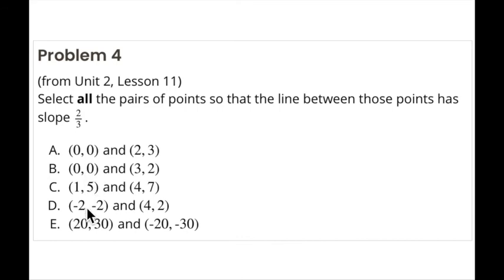But in E, 20, 30 is way up here. They listed that one first, and -20, -30 would be way down here. So they listed that one second. So you're going to see that I switched them when I calculate this. It doesn't make any difference. It's still the same vertical distance, still the same horizontal distance. Just makes doing the calculation a tiny bit easier.